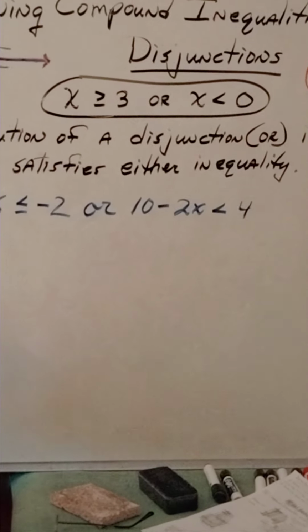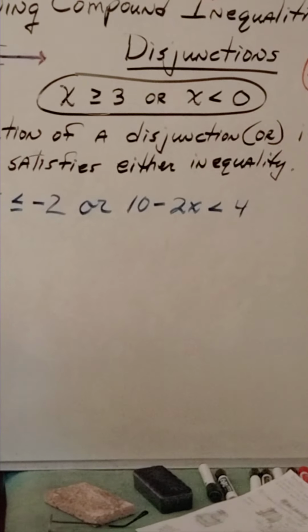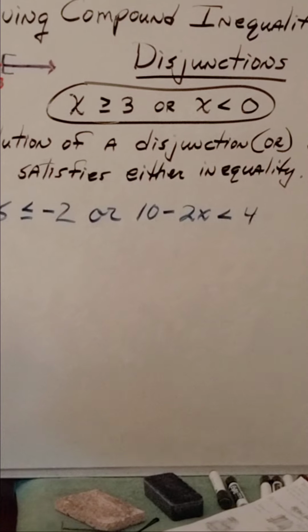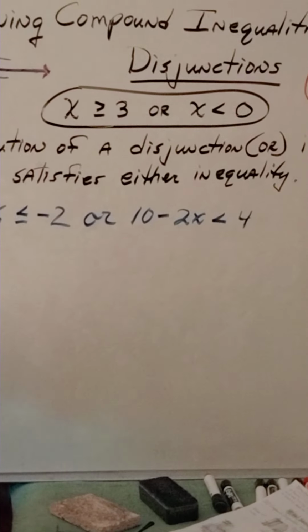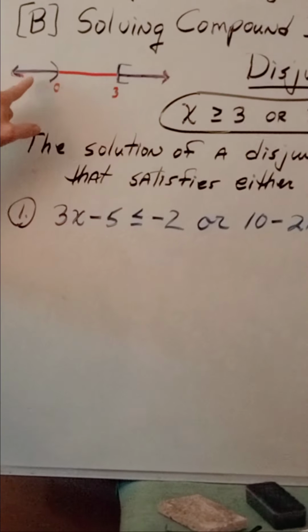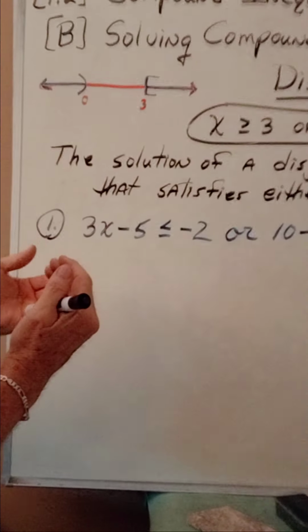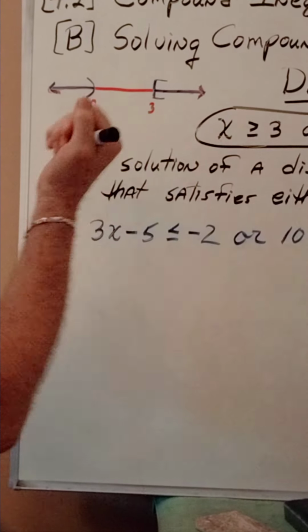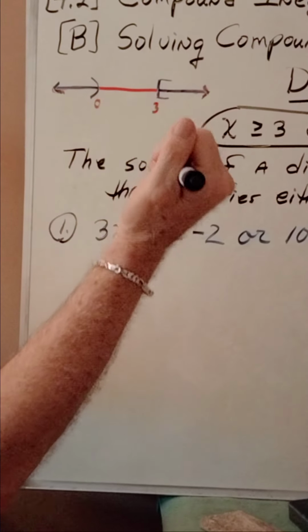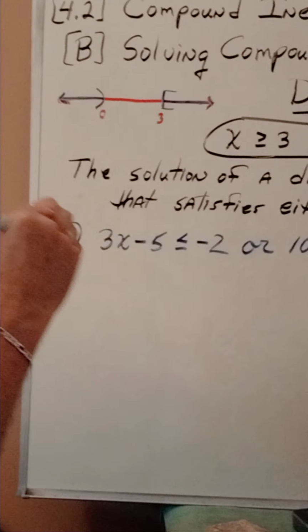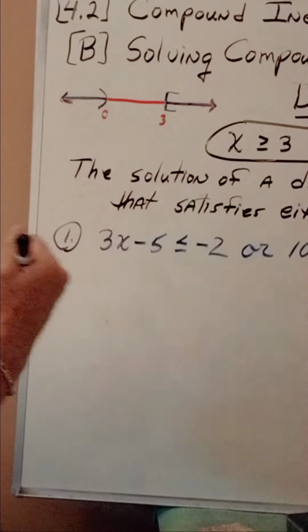I remember looking it up some time ago, I believe in Webster's dictionary, and one of the entry definitions for the word "dis" was separated or apart. The parts of this graph are separated from one another, they are apart from one another. Notice, they're going away from one another. They're not coming together like the typical conjunction.